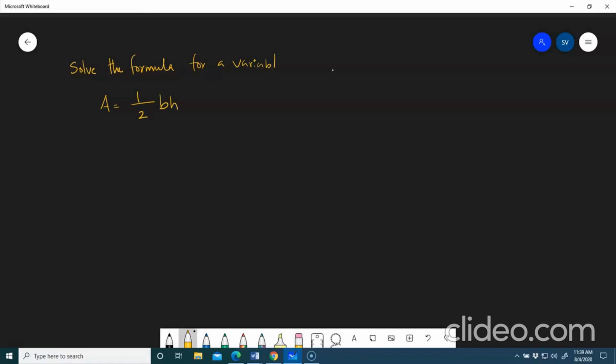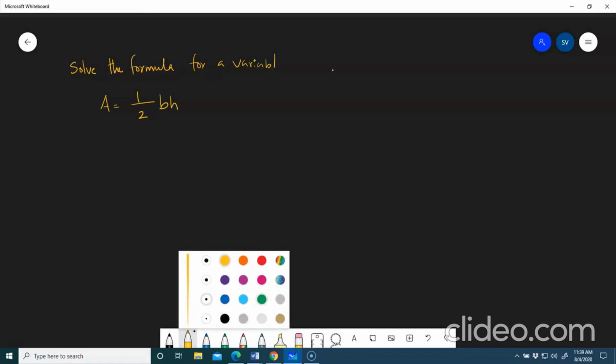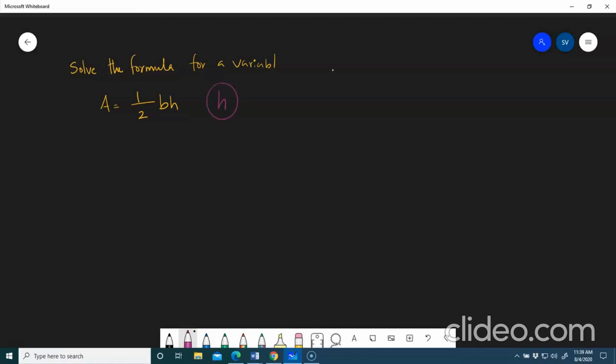So solve the formula for the variable h. The same question they can ask in a different way: make h the subject of the formula, for the formula a is equal to 1 by 2 bh.